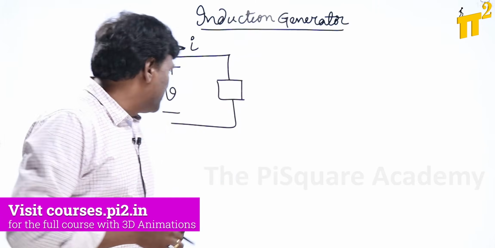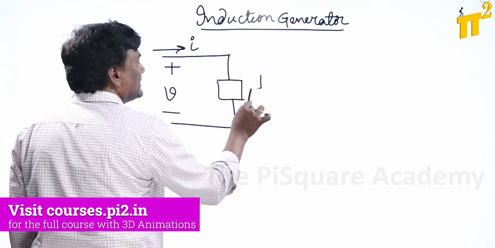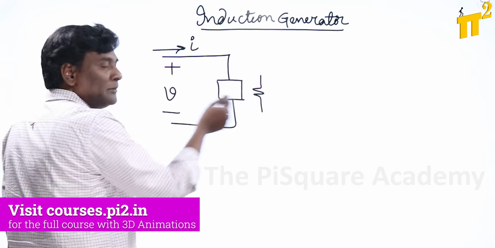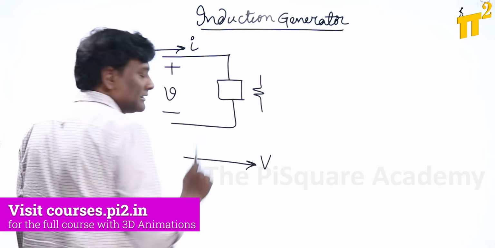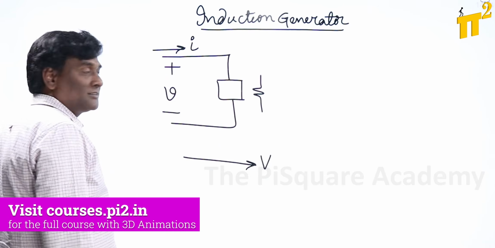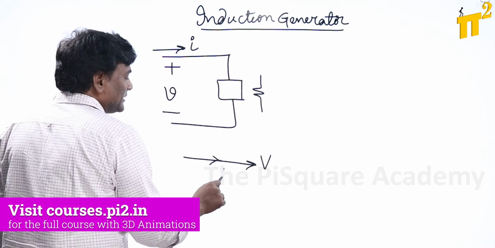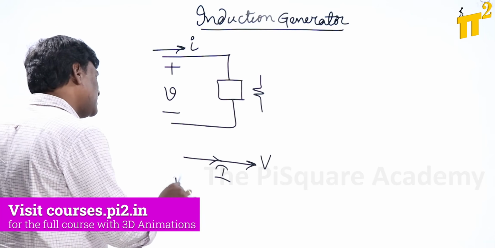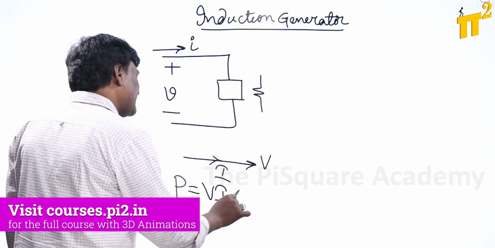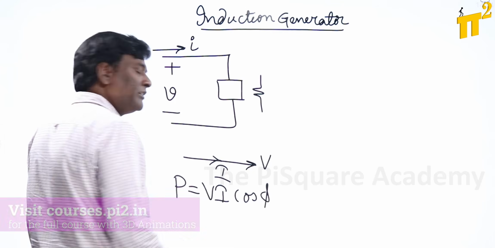For example, if I think of this as a resistance, then what is going to happen? If you think of voltage like this, as phasors, my current will be in line with it. Now what is active power? Active power is going to be VI cos phi, where phi is the angle between voltage and current.